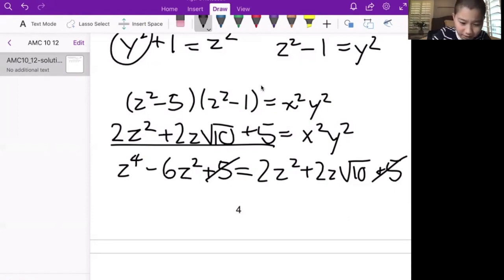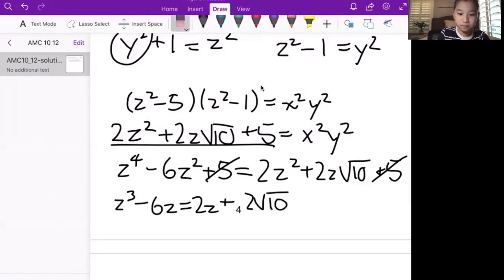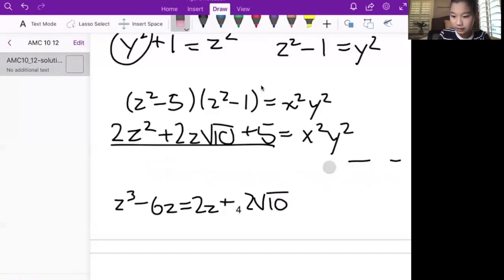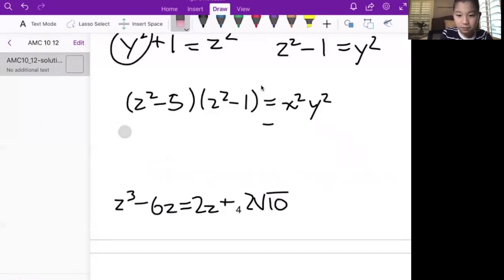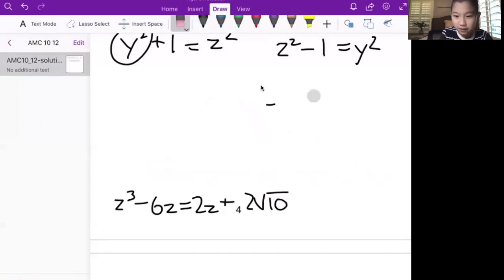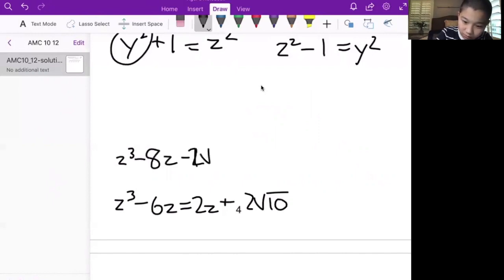So we'll get z cubed minus 6z equals 2z plus 2 root 10. And then we can rearrange it to get z cubed minus 8z minus 2 root 10 equals 0.